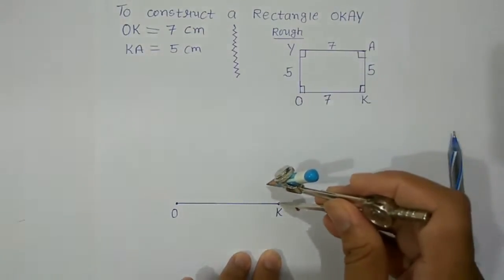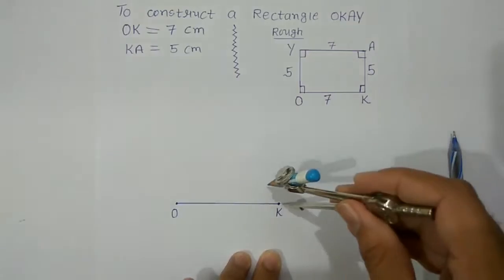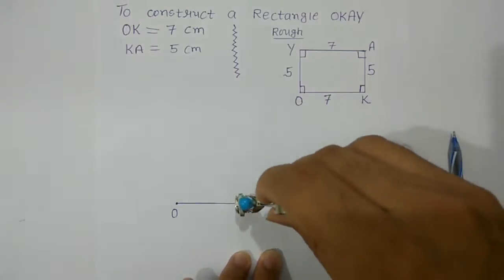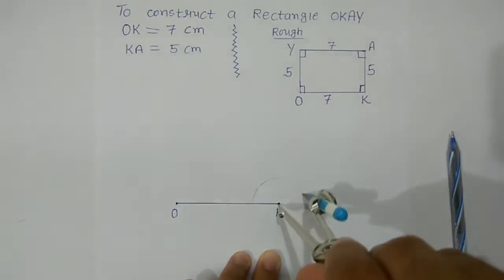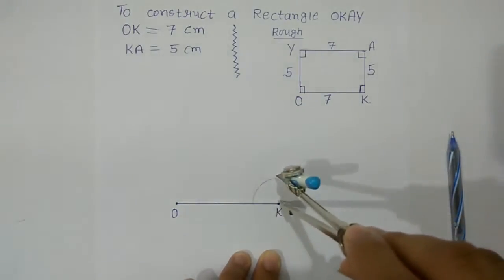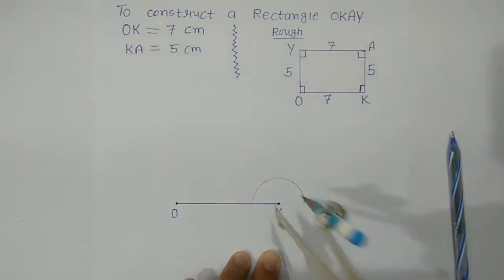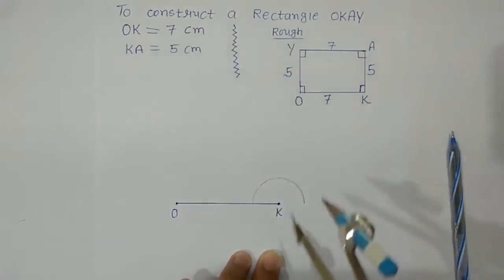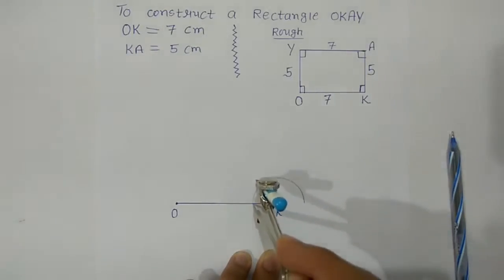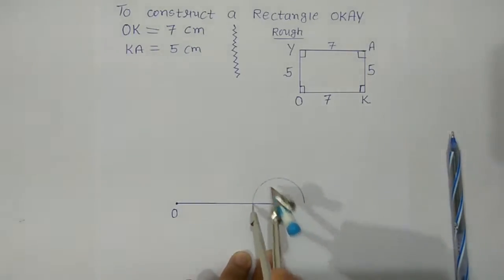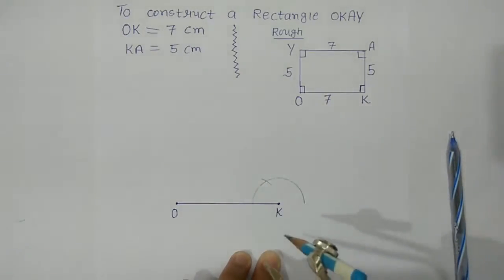To do that, first of all take a radius, any radius. Then make a semicircle type arc in this way. Okay, so this is an arc we have made. Now with the same radius we keep the point here and make an arc on the previously drawn arc.